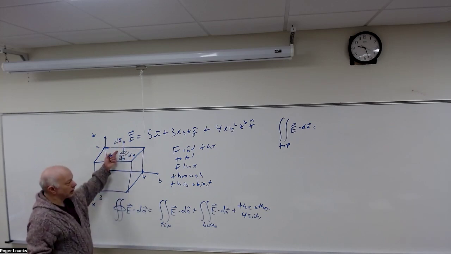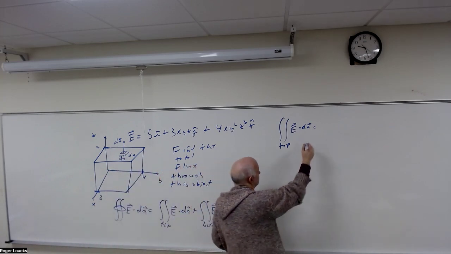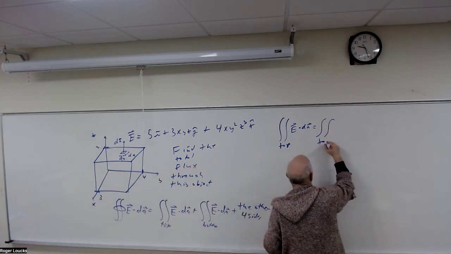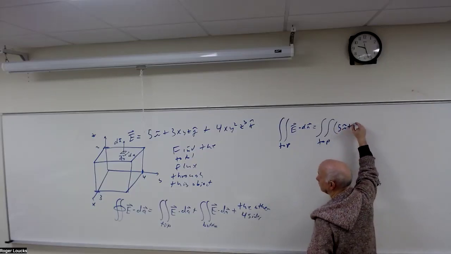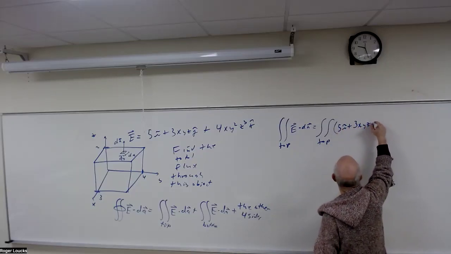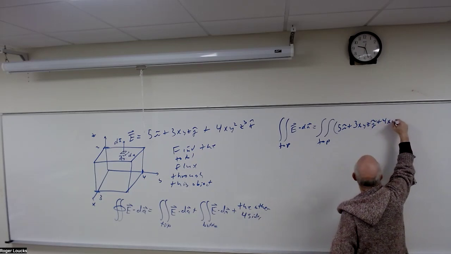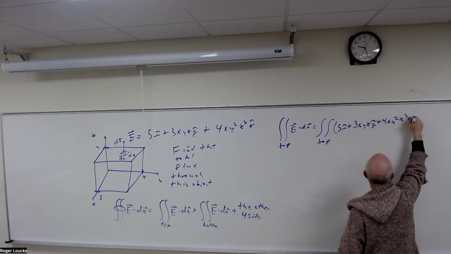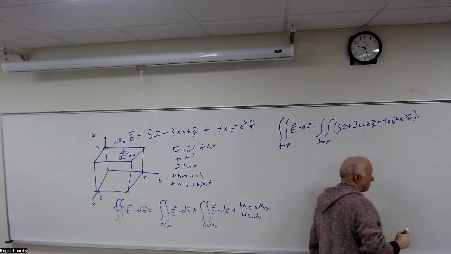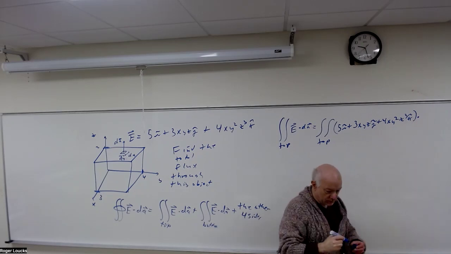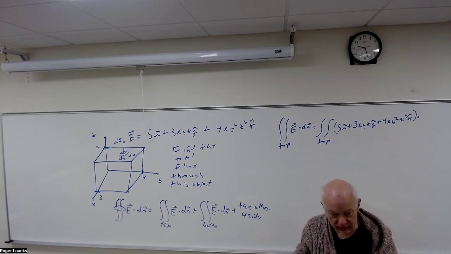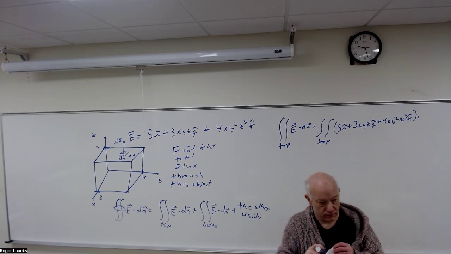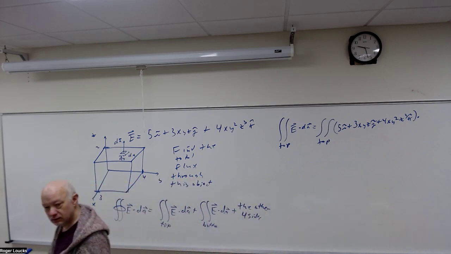So this dA vector, how do I write it? Tell me how to write the dA vector. dx dy.